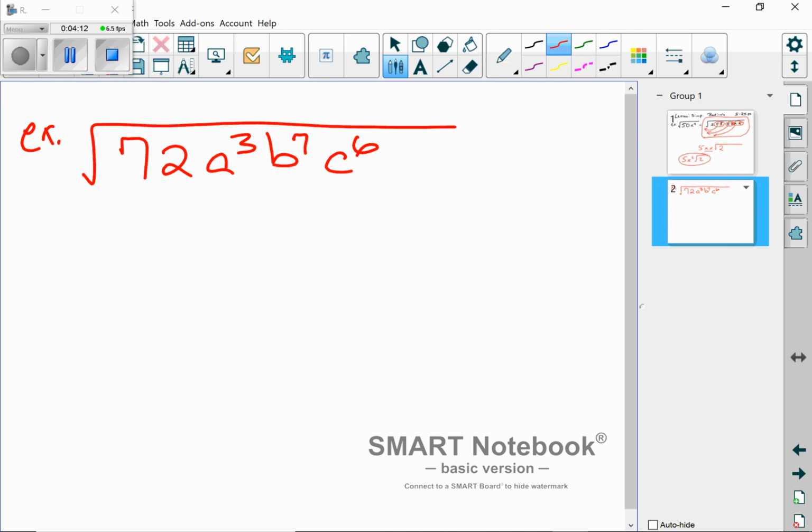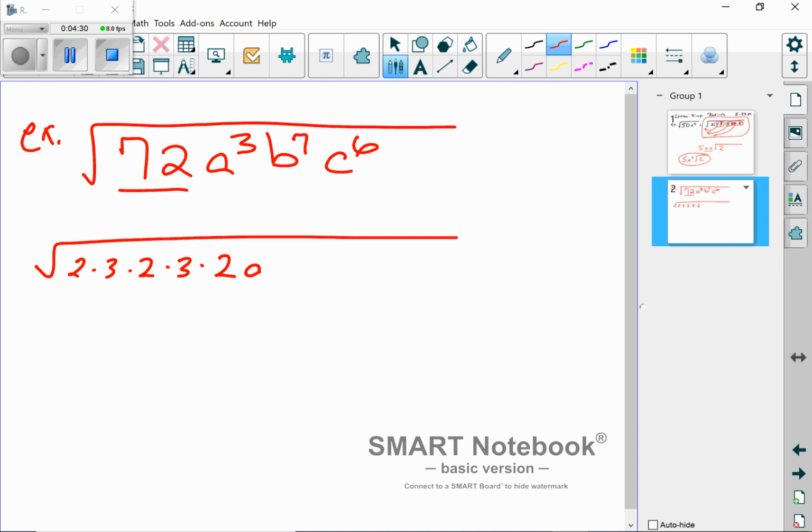Some of y'all might jump way ahead and not even do the factor tree, and I get that. But I'm going to do the factor tree anyway, just to show you the whole way through. So we got 2 times 3 times 2 times 3 times 2. And then you got 3 a's, 7 b's, and then 6 c's, 1, 2, 3, 4, 5, 6, right? So that's the complete prime factorization.